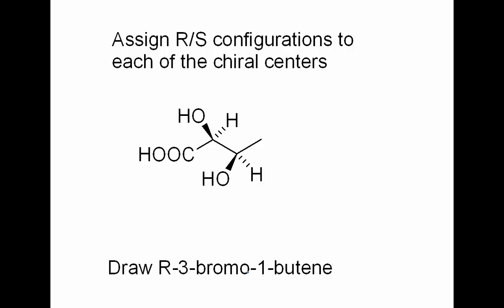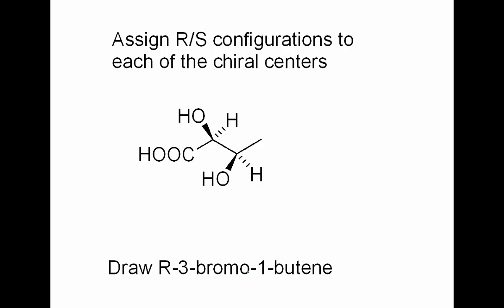Okay, so here's a problem here. We're going to assign the RS configurations to each of the chiral centers. Whoever set up this problem is a very nice person because they drew the priority 4 hydrogen substituent to the back. So you don't need to do any of the orientations. The complication here is that there's 2 chiral centers. All right, so you should do this problem yourself, but let me just tell you, do each chiral center one at a time.